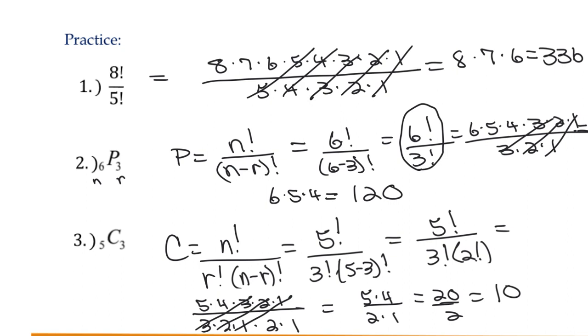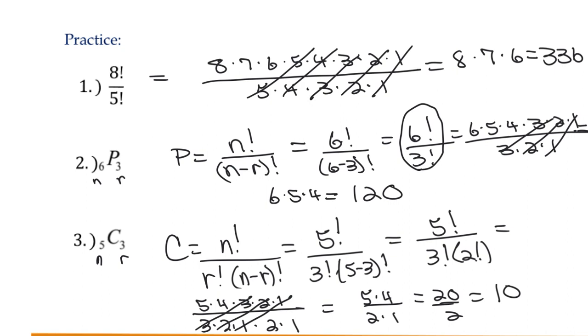Last example is an example of evaluating a combination. N has a value of 5, and R has a value of 3. We are plugging into the formula n factorial over r factorial times n minus r factorial. That is 5 factorial over 3 factorial times 5 minus 3 factorial, and that ends up being 5 factorial over 3 factorial times 2 factorial.